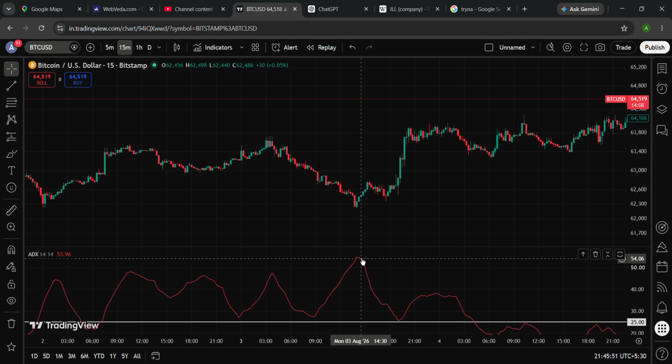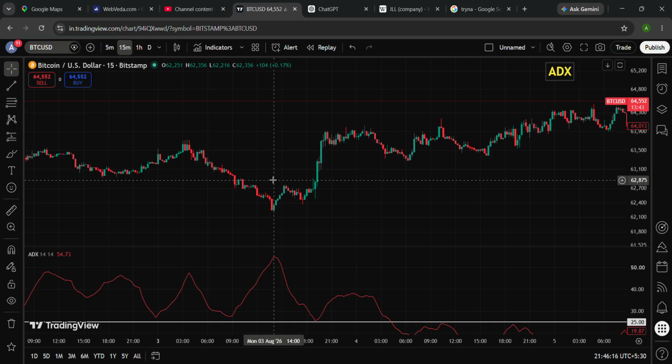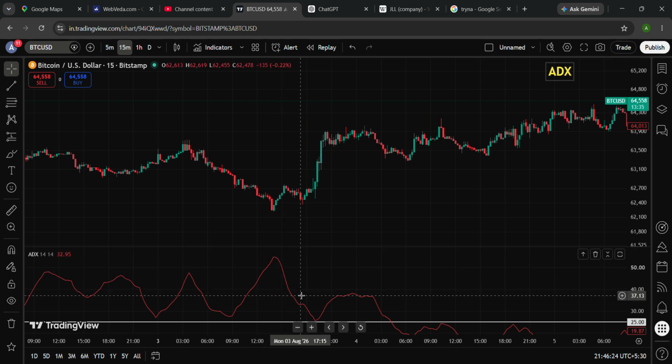Here also you will see a strong movement and a strong pullback, then a not-so-strong pullback, and again a shorter pullback here. This is the position where the price is not as strong as we expected. Here you will see that the ADX is moving down. This is the exact position.